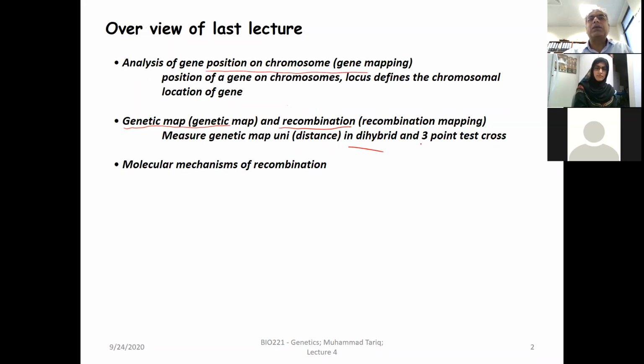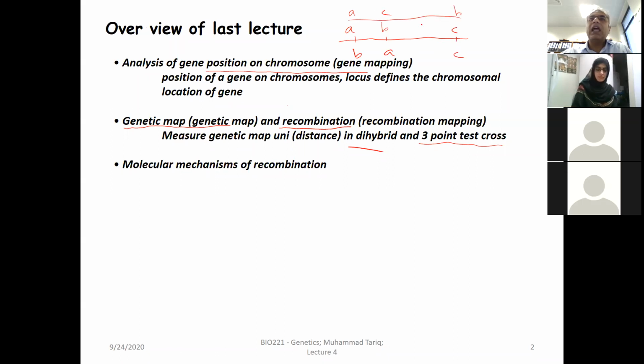And what was most interesting last time was the 3-point test cross, where we learned that if we are dealing with 3 different loci, which are A, B, and C, how do we know if the order is A, B, C, or B, A, C, or A, C, B?